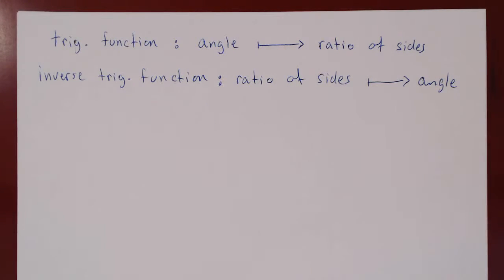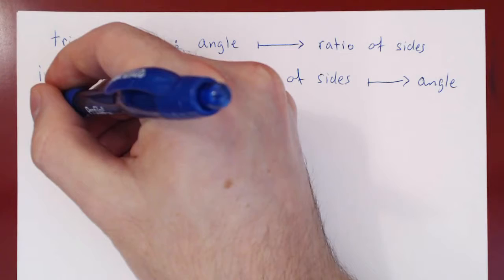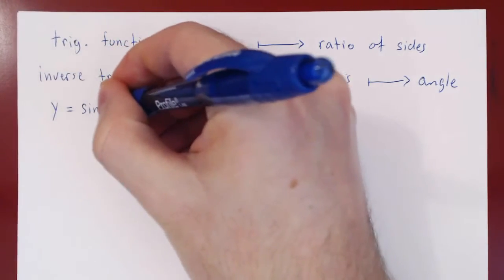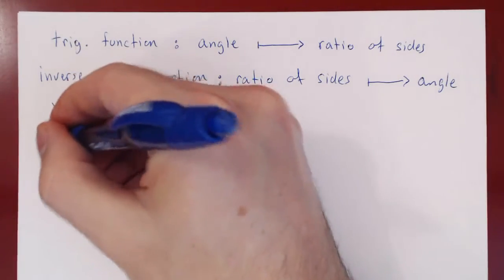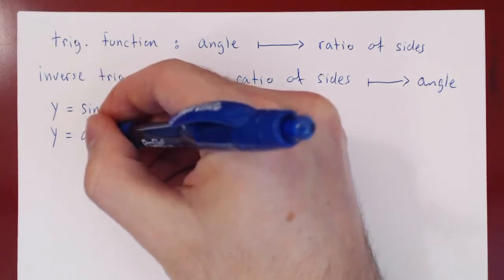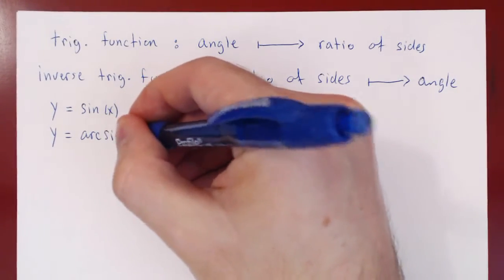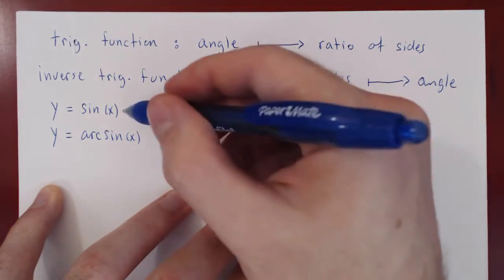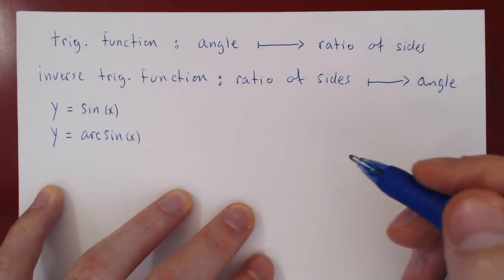So we'll first find the derivative of arc sine of x. We have the function y equals sine of x, and its inverse function, we usually denote by y equals arc sine of x. Arc means the inverse function. The relationship between a function and its inverse function is that they cancel each other out via composition.